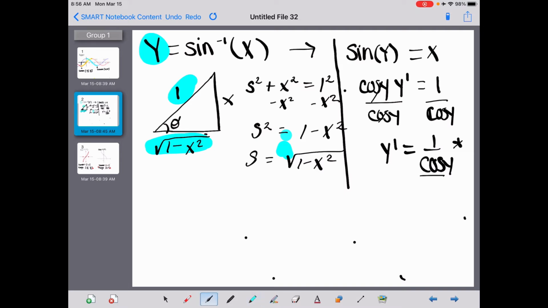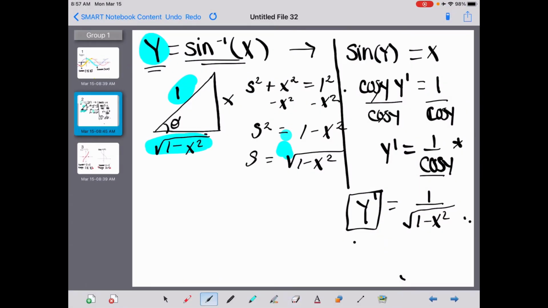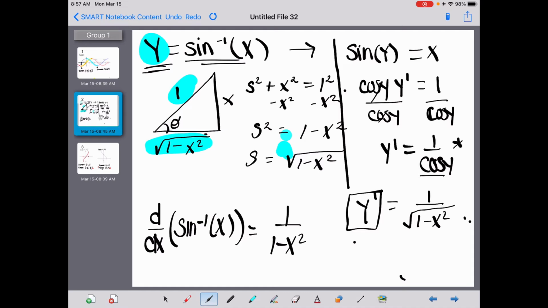And now 1 divided by the square root of 1 minus x squared is just that. And now we know that the derivative of the inverse, y prime, is equal to 1 over the square root of 1 minus x squared.